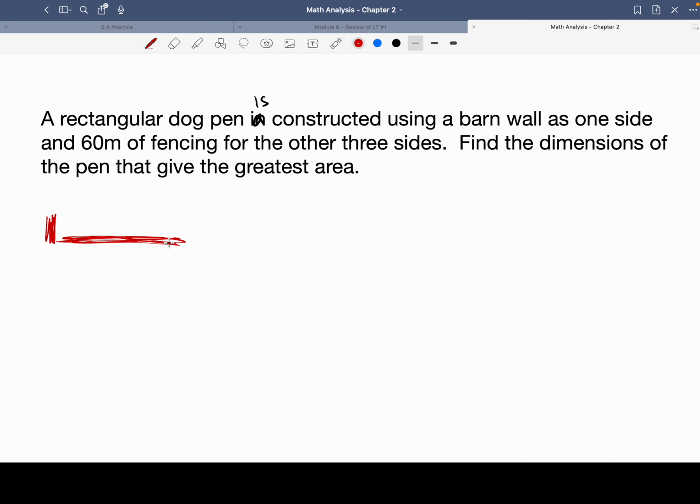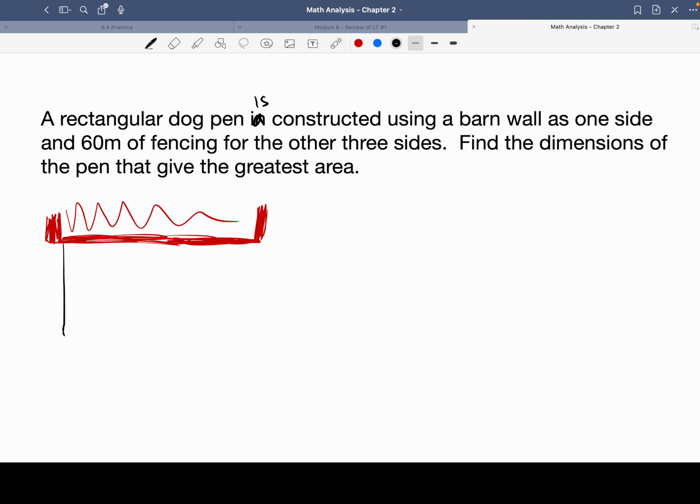Of course, I'm going to make it red. It's very cliche here with the red barn. Okay, so here's my red barn. That's my barn in here, right? So I have this barn wall that I'm going to use, and I'm going to create this fence that somehow maybe uses the whole thing or not.